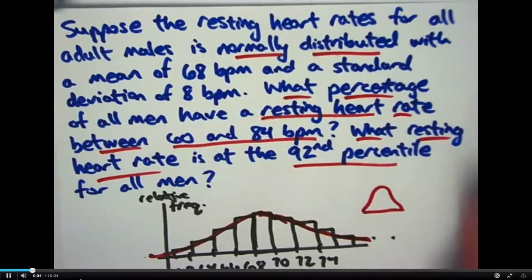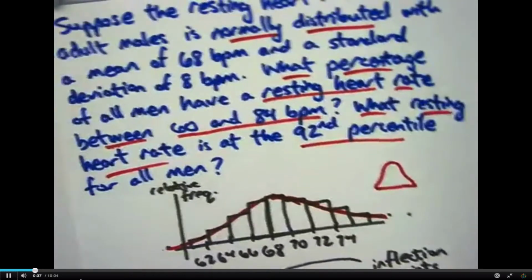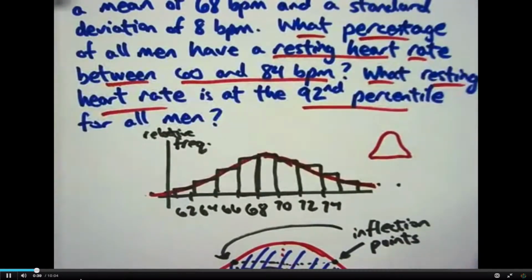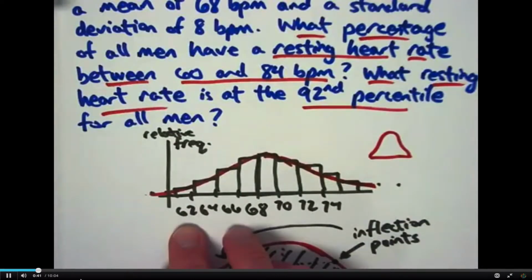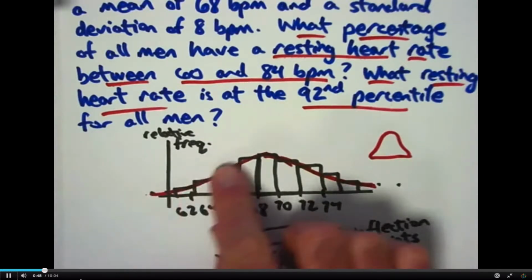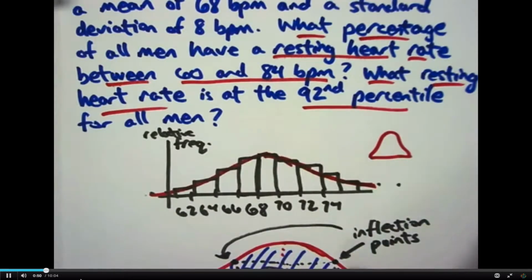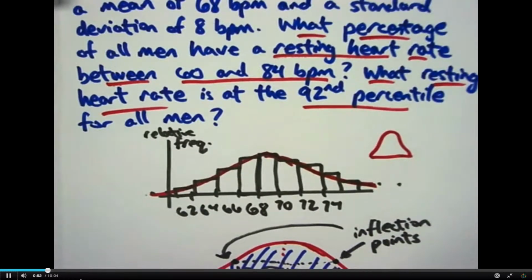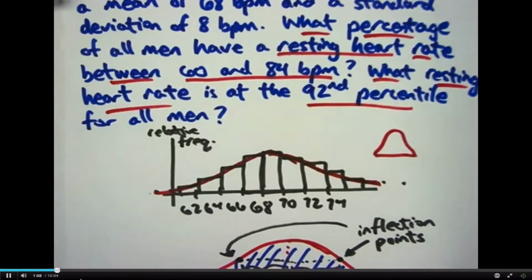That part assumes that if we make a histogram of all the data for all the men, the resting heart rates plotted along the horizontal axis with the relative frequency on the vertical axis, we're going to get a bell shape, and in fact it follows a particular kind of bell shape called a normal distribution, also sometimes called a Gaussian distribution. You might also hear that phrase for the name of this distribution.